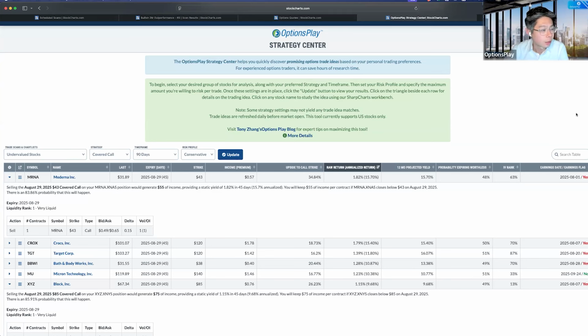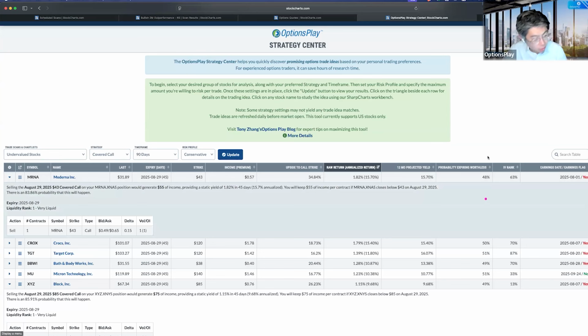How do you explain IV rank and how do you use it? Great question. IV rank is one of the columns here. It's telling you how cheap or expensive the options are relative to where it's traded over the past year. It's looking at implied volatility. If you see an IV rank of 0, that means the option is the cheapest it's been in the past 52 weeks.